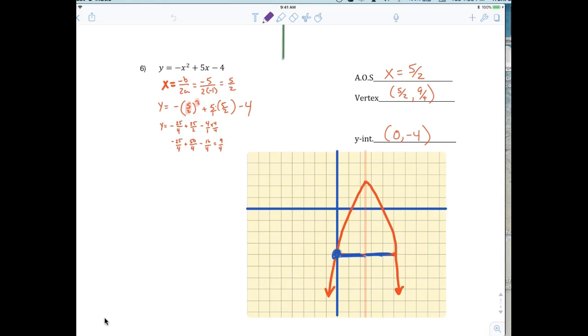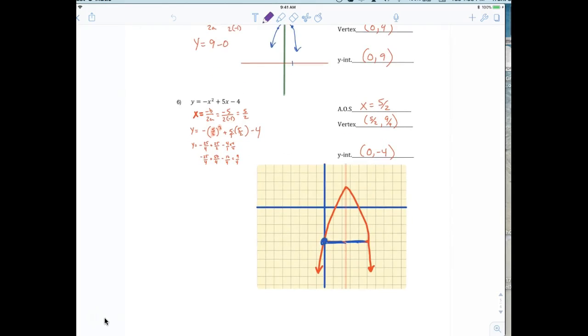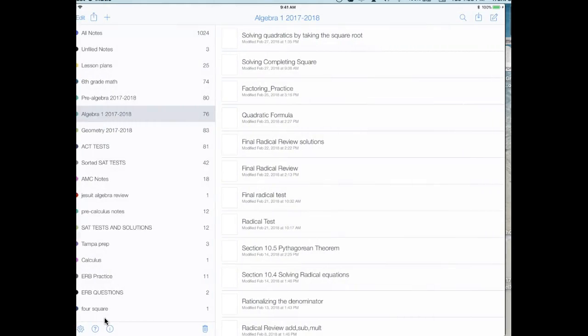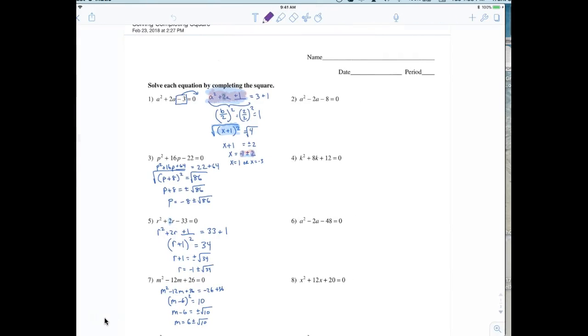All good? Okay. Now, what I would like to do is today we're going to talk about solving by completing the square. Now, I used to tell kids that there are multiple ways to solve a quadratic. Number 1 was yesterday, we just take the what? Square root.